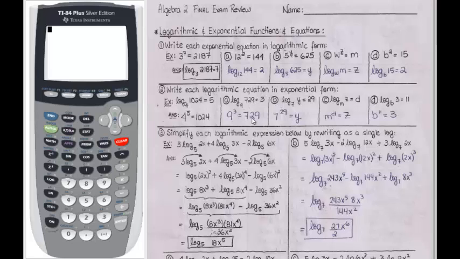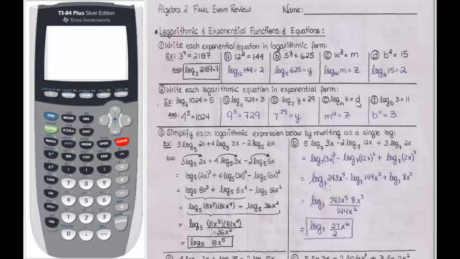Base, exponent, answer. So if you get used to the position, the base is the big number, the answer is what is equal to, and this number here would be your exponent. So base, exponent, answer.